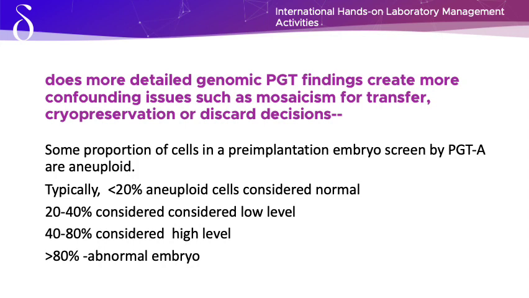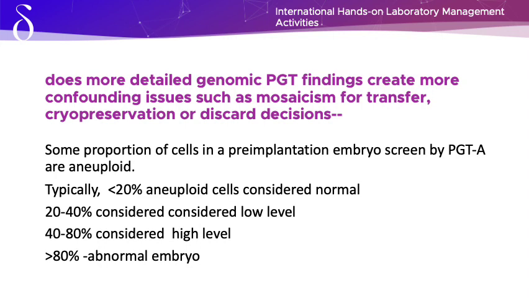So this is not a concern if you have an embryo that comes back like this. With an aneuploidy rate of, let's say, 10 or 15%, it's considered normal, and that's not going to affect or compromise its subsequent developmental ability and normality.